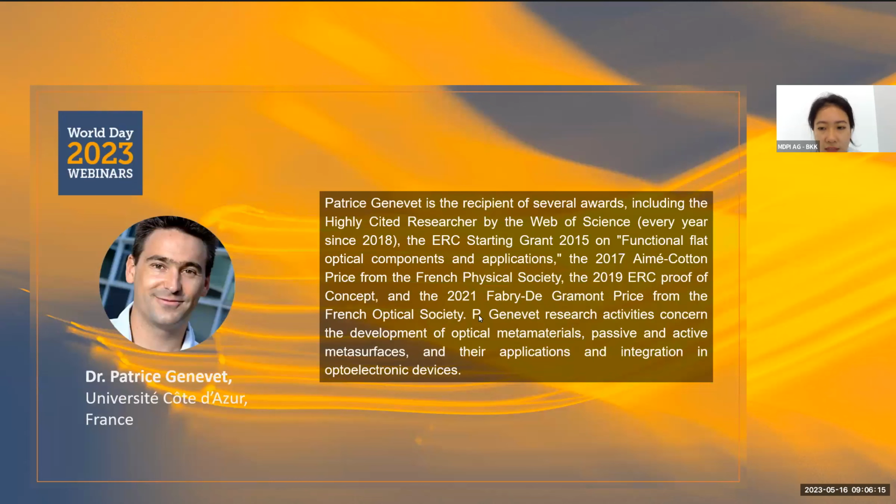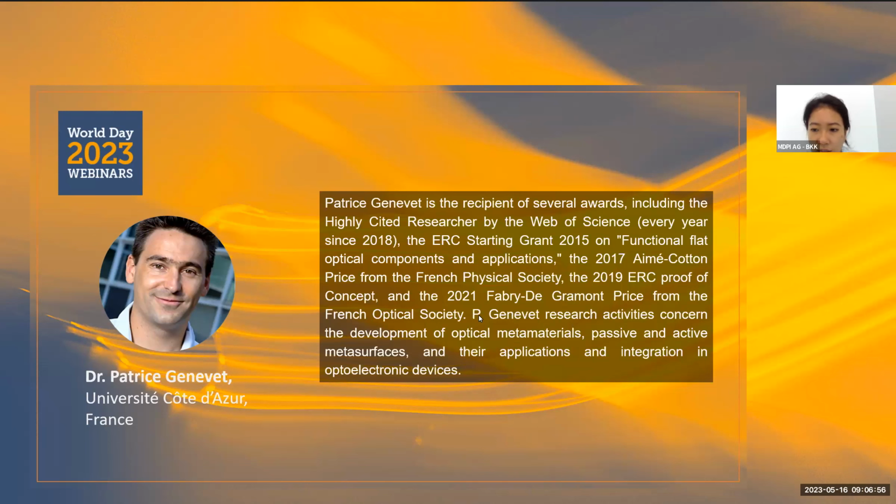Moving on to our second speaker, Dr. Patrice Genevet, who is the recipient of several awards, including the Highly Cited Researchers by the Web of Science every year since 2018, the ERC Starting Grant 2015 on Functional Flat Optical Components and Applications, the 2017 MA Cotton Prize from the French Physical Society, the 2019 ERC Proof of Concept, and the 2021 Fabrice de Gramont Prize from the French Optical Society.